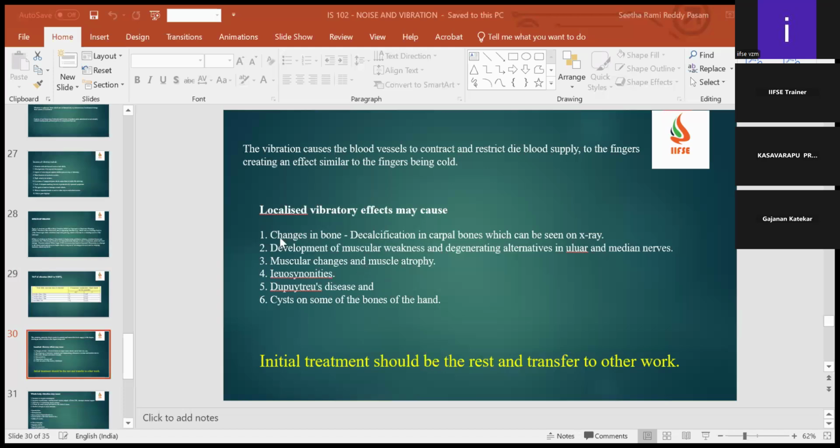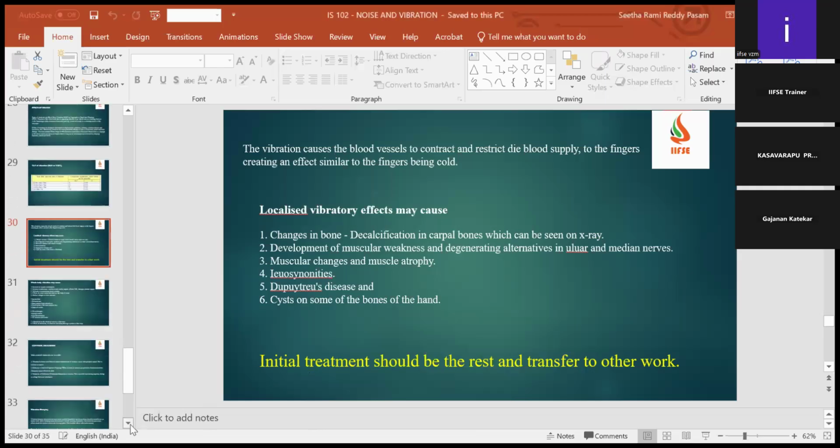As per my experience, point number one, the changes in the bone and the weakness in the muscles, then the white fingers. These are the three common cases I have seen and experienced with the reports. Basically, the best initial treatment is rest and transfer to another work area, the same way we do for people exposed to radiation in industries.